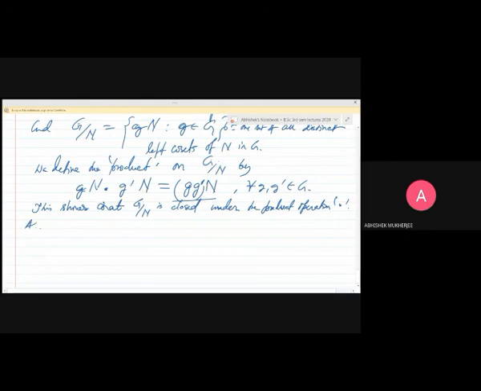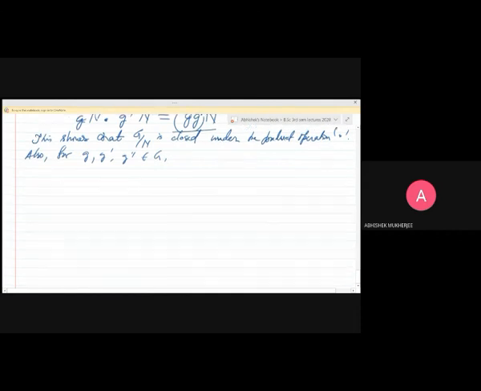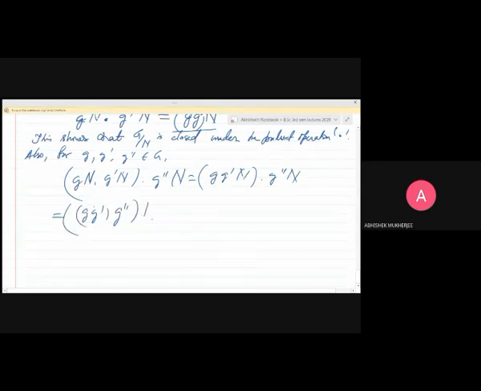Also for g, g', g'' belonging to G, you will have gN · g'N · g''N equal to gg'N · g''N, so it is equal to gg'g''N. Now since G itself being a group, it satisfies associativity.